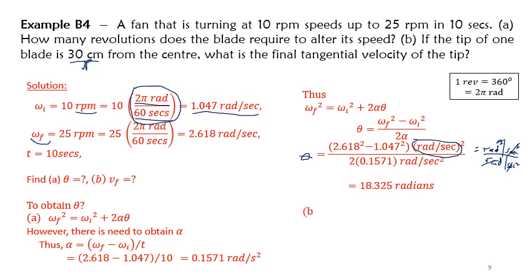So it is very straightforward: v_f equals R omega_f. R is 30 centimeters, which is 0.3 meters, and the product of the two gives you 0.7854 meters per second. And that was it. Very straightforward.